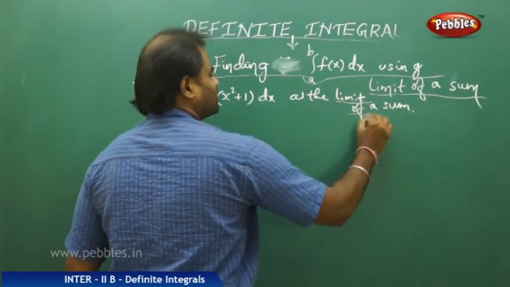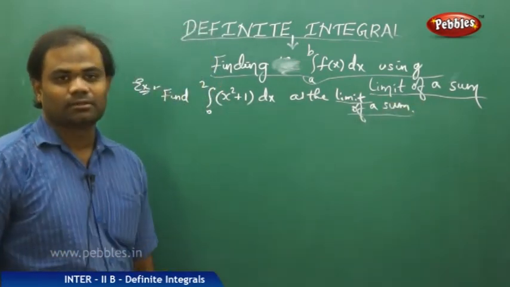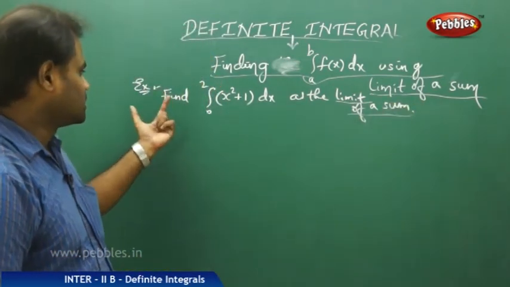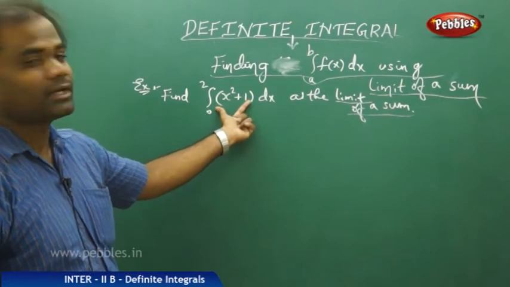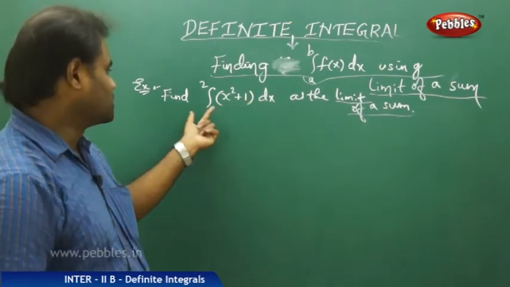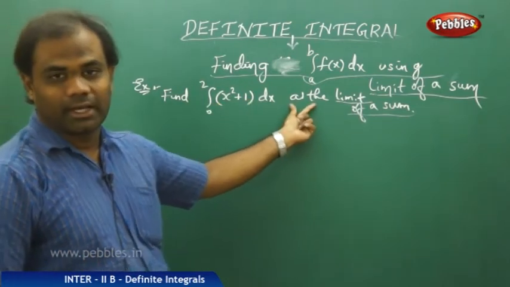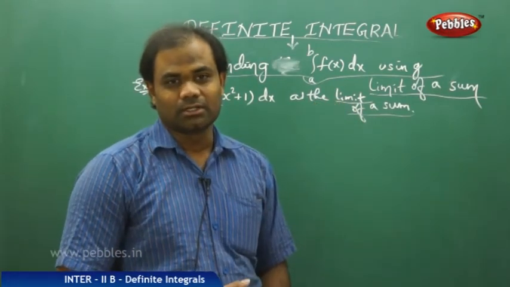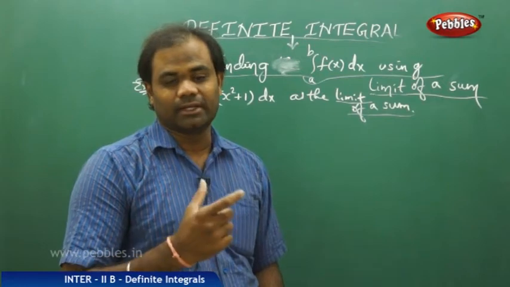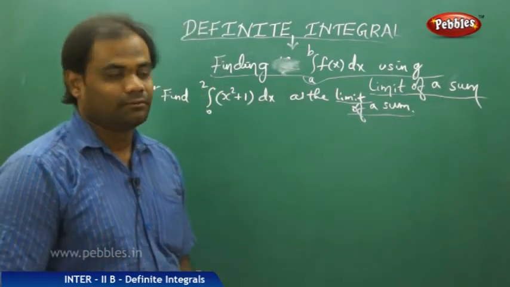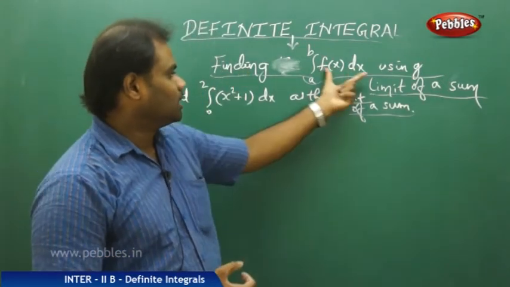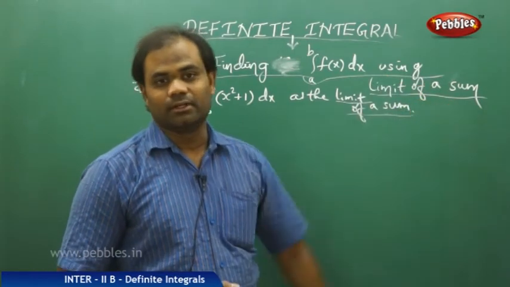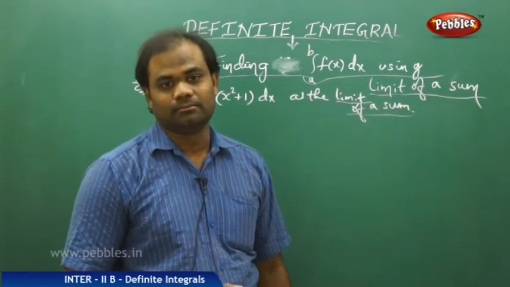This plays a vital role in understanding the method, because the question clearly says to find the integral of this function x squared plus 1 with limits from 0 to 2 as the limit of a sum. Since the question is exclusively on finding the integral through the limit of a sum, we use the formula for finding the limit of a sum.